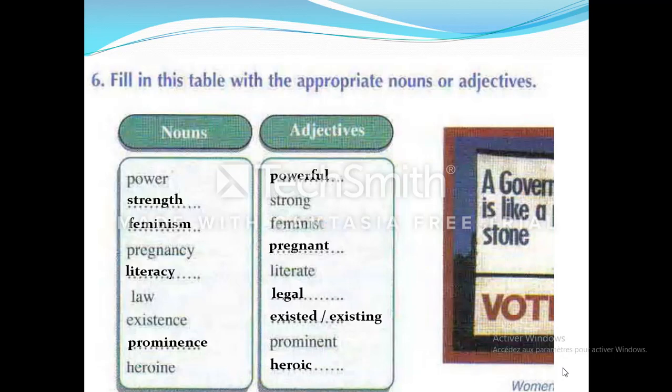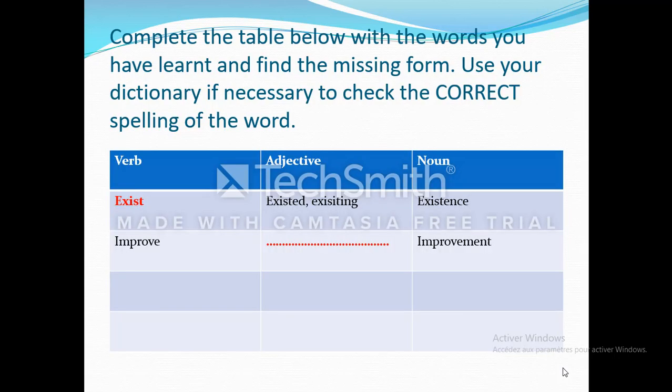Nice. Now let's move to the last task. Complete the table below with the words you have learned in this video and find the missing form. Use your dictionary if necessary to check the correct spelling of the word.